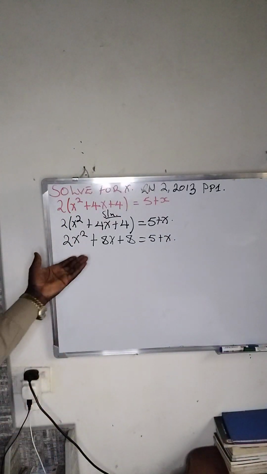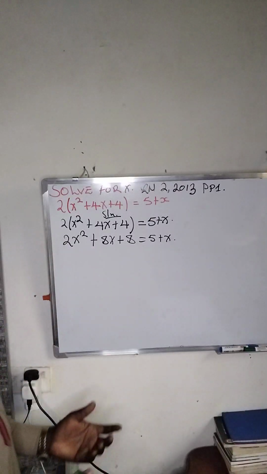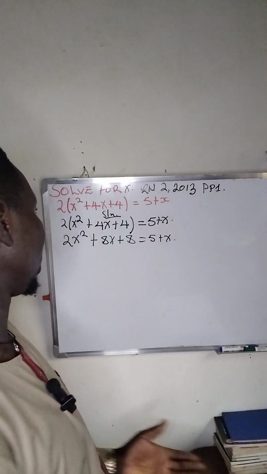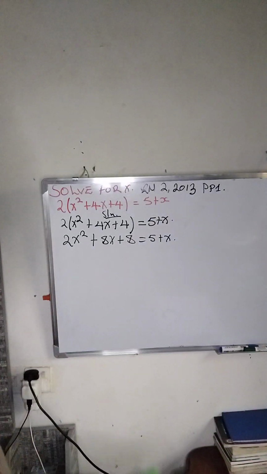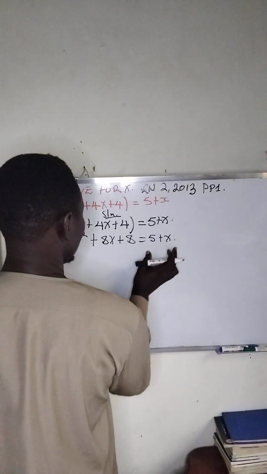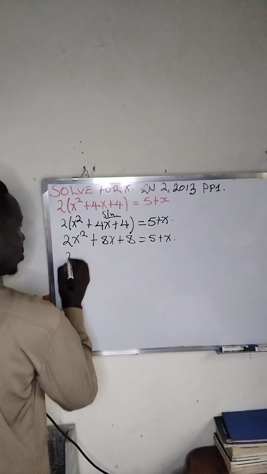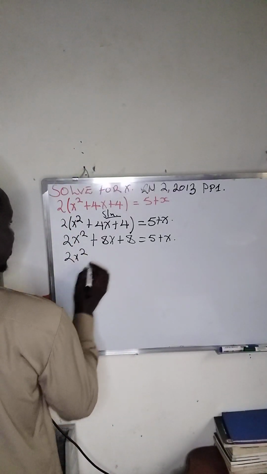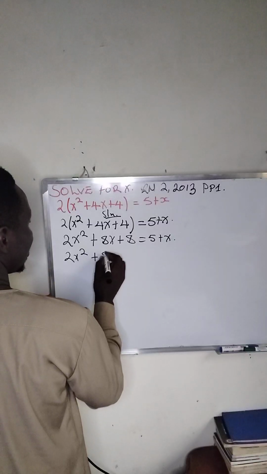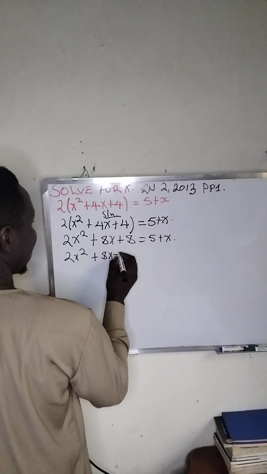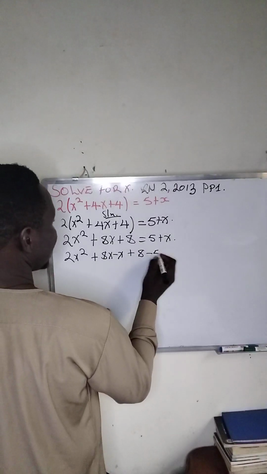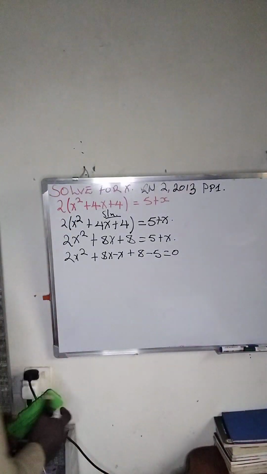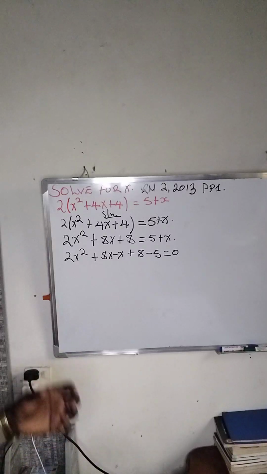Then after opening the brackets, it is time to bring all the terms to one side, that is the left hand side. Let us bring all of these this side. Now we remain with 2x squared plus 8x minus the other x, plus the 8 but minus 5. On the other side, we now have 0.